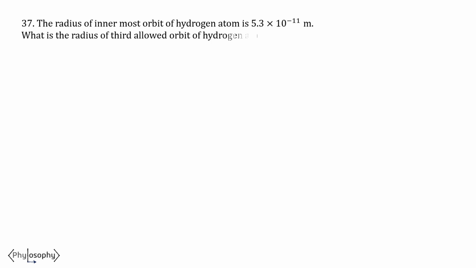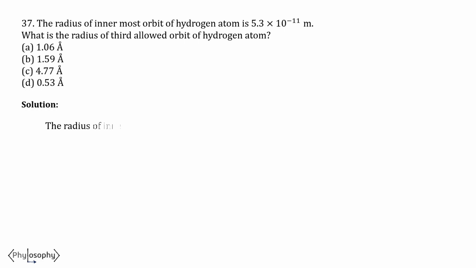Our next problem is, the radius of the innermost orbit of hydrogen atom is 5.3 times 10 to the power minus 11 meter. What is the radius of the third allowed orbit of hydrogen atom? And these are the given options. So it is given that the radius of the innermost orbit of hydrogen atom is 5.3 times 10 to the power minus 11 meter.